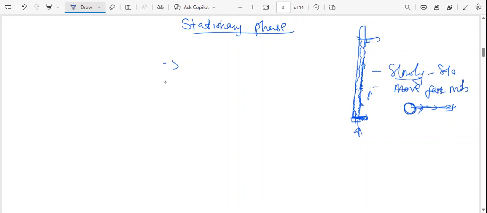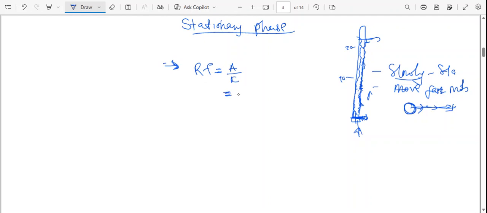Those things that we are investigating are what we call analyte. In this distance, let's suppose this is 20, this is 10, is what we call the retention factor. Retention factor is the distance traveled by that solute over the total distance of the column.